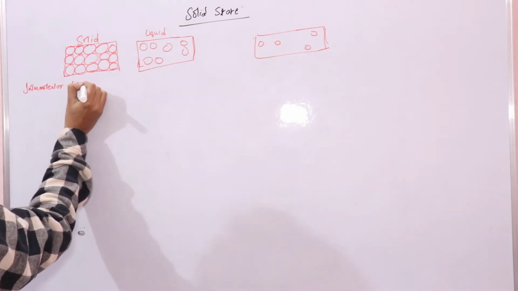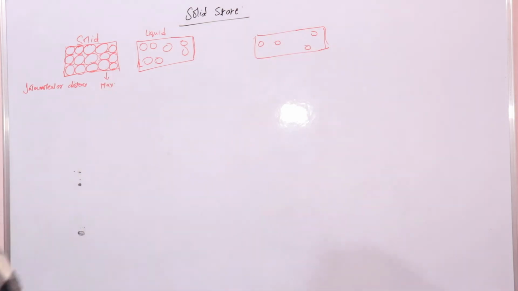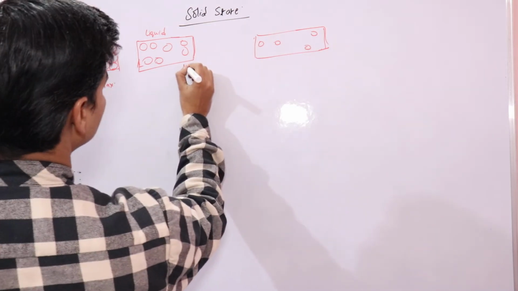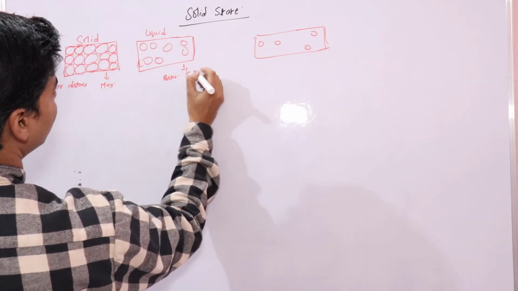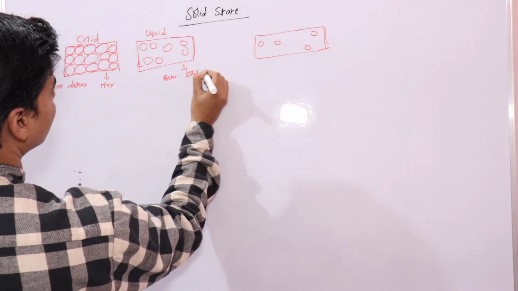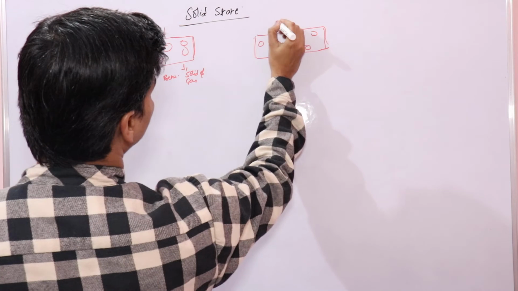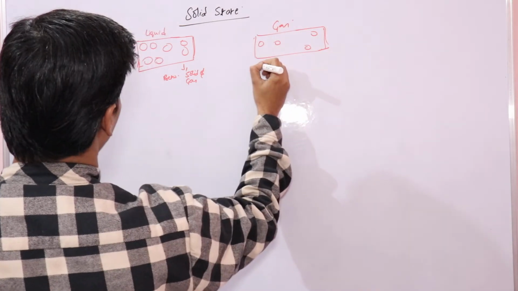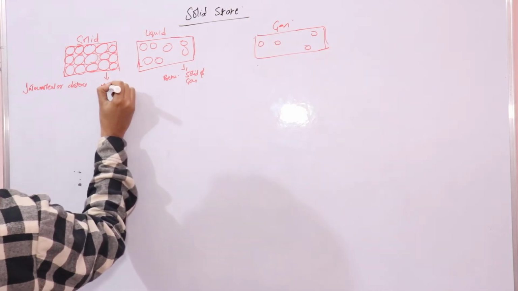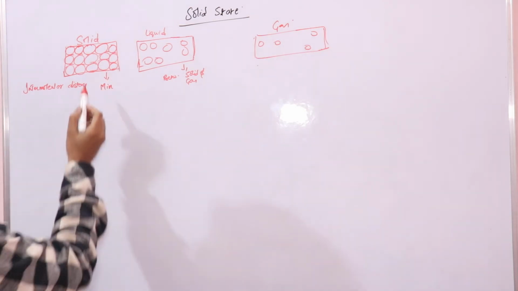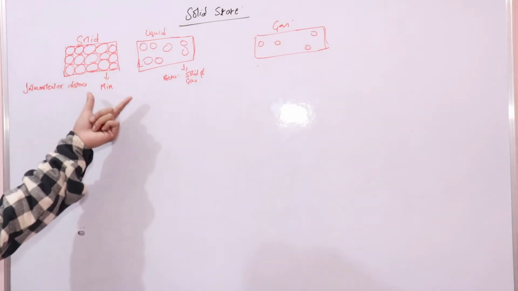The intermolecular distance, that is the distance between these molecules, is minimum in the case of solids.